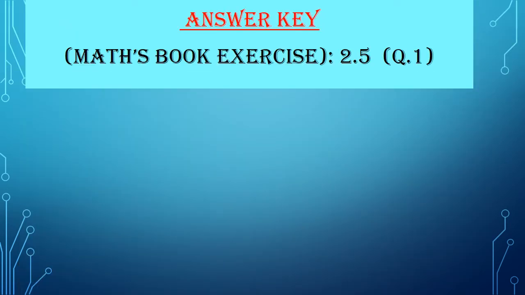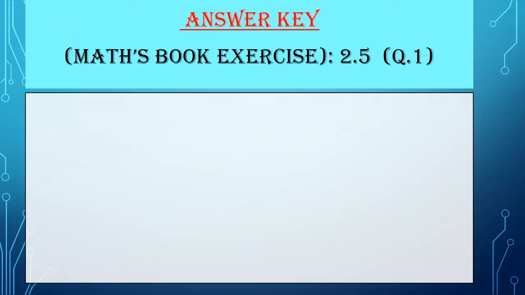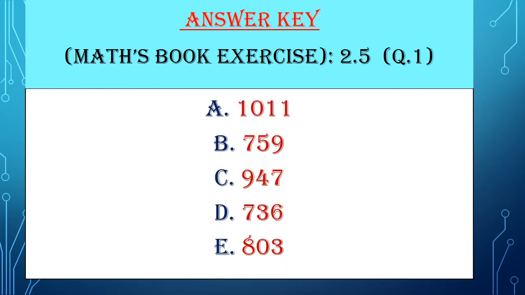So the answers for your exercise are: A has 1011, B's answer is 759, C's total is 947. After adding D's sum, we are getting 736. Are you also getting it? And the last answer is 803. Clap for yourself, children.